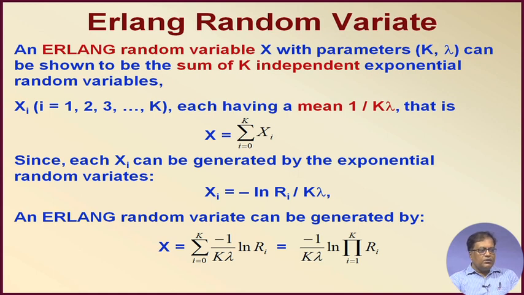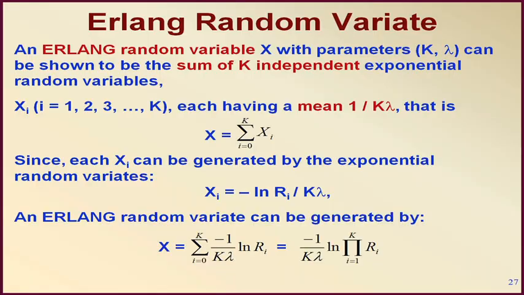The variable x in this case would be the sum of all the individual exponential variates, from 1 to k, because there are k independent exponential distributions which are summed here. If they are all identical, then each of them will have a random variate governed by 1 by k lambda, because each has a mean of 1 by k lambda.